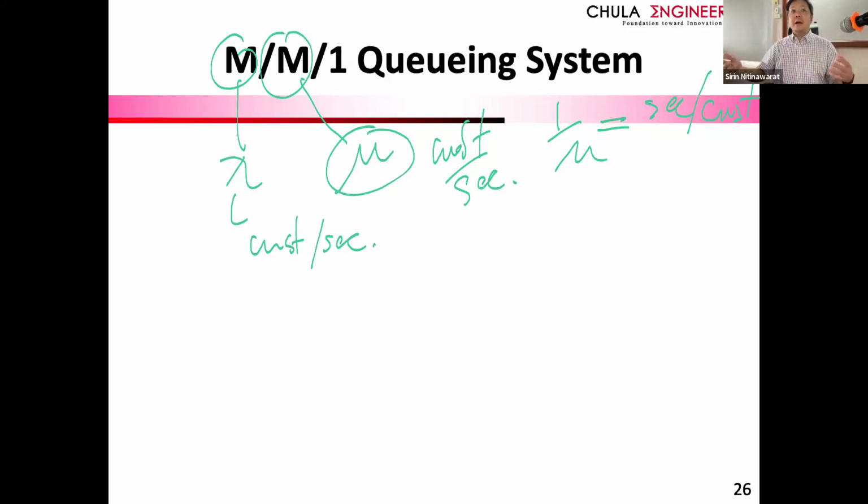So what is the relationship of lambda and mu that will make the system blow up? Very intuitively, when the rate of arrival is faster than the rate at which the server can handle. That means if you take a long enough time, the queue will blow up, the system will blow up, everything will blow up.